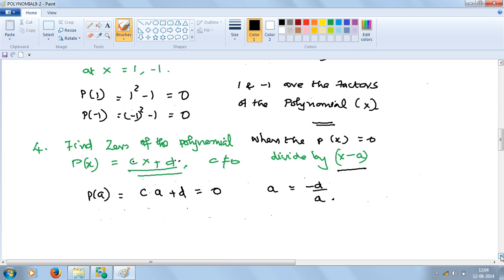So when we say zero of the polynomial, we mean at the point p(x) equal to 0, you have to find out. So when you divide by x minus a, when remainder is 0, then a is a factor.